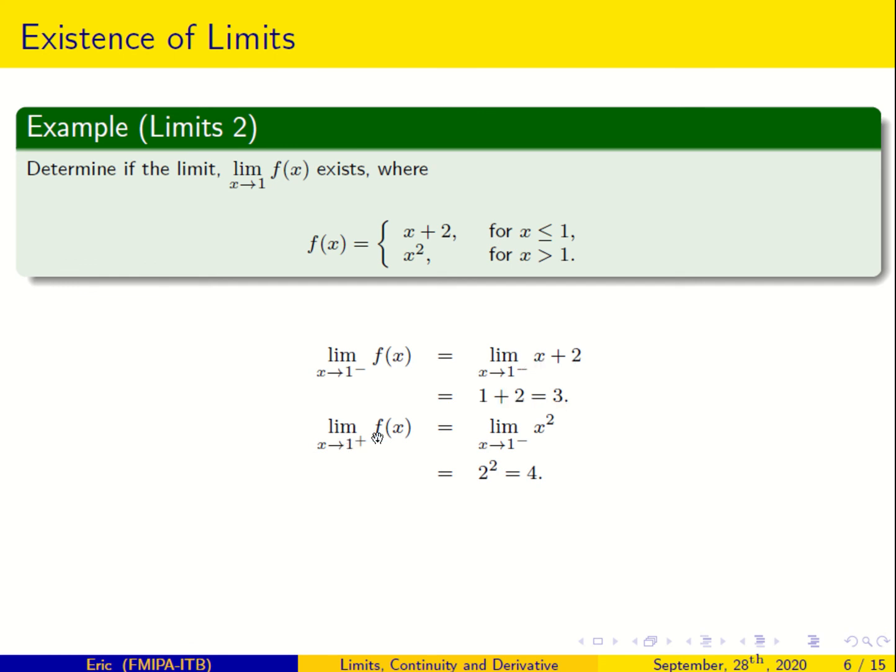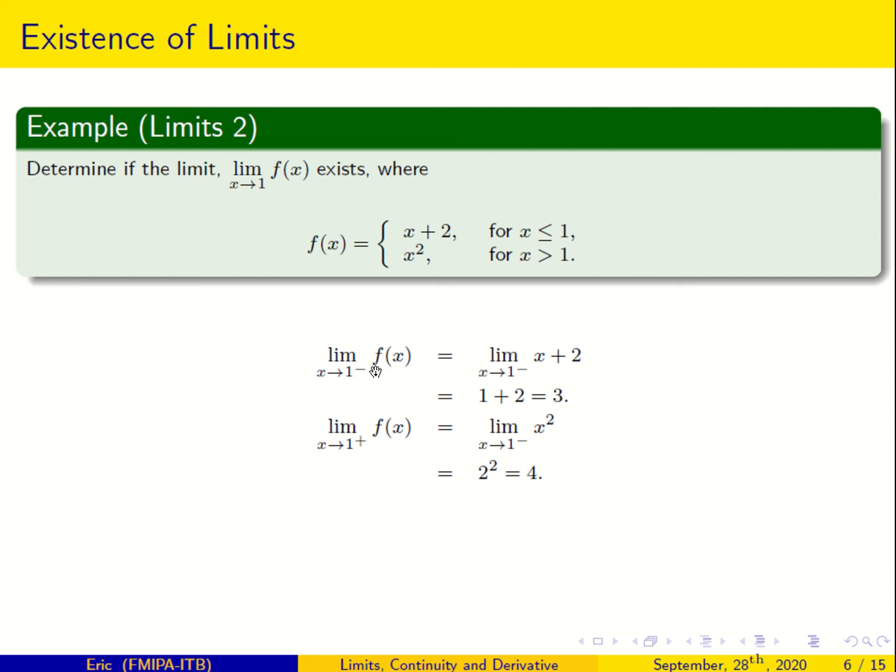What about the limit of f(x) where x goes to 1 plus? That means on the right of 1, this one. So I have to choose this rule, so f(x) becomes x squared. This is a good function. I substitute 1. This should be, I'm sorry, 1 squared, which is 1.